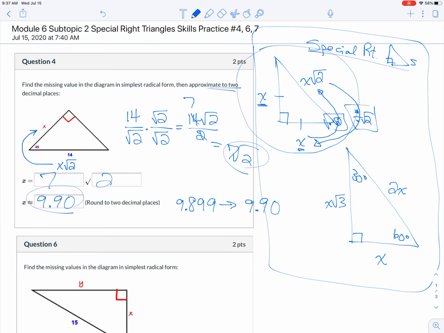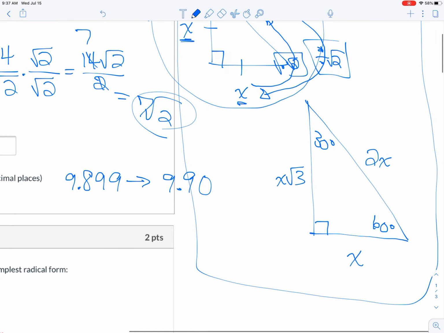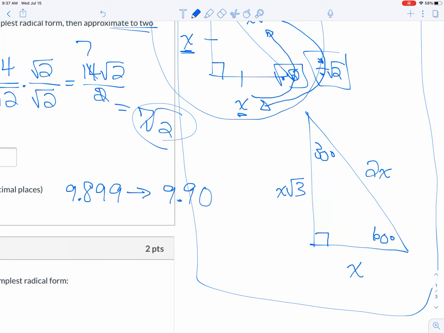In this 30, 60, 90, the patterns are a little bit tougher because there are 3 different sides. I always use the anchor here in my x, in my template. To get from the side opposite 30, which is what I call the short side, to the hypotenuse, you multiply by 2. So there's the little key that I multiply by 2.